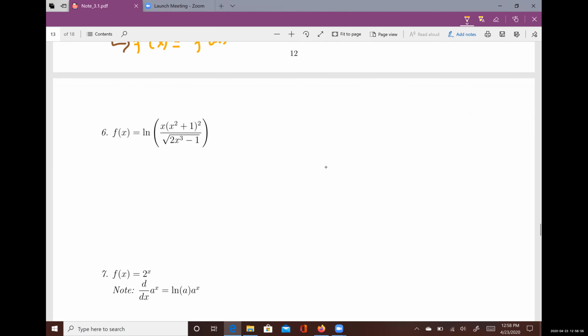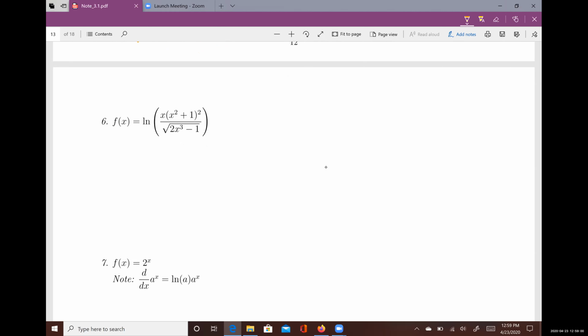All right, let's look at this next example. In this example, you have the natural log of x times x squared plus 1 squared, divided by the square root of 2x cubed minus 1. You can use the chain rule to find the derivative.